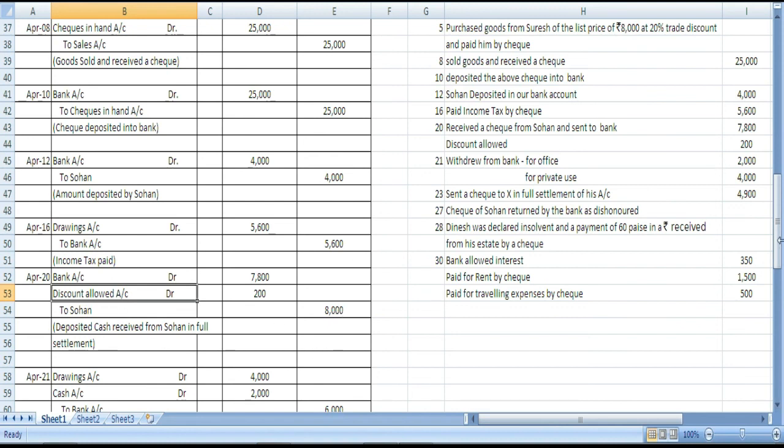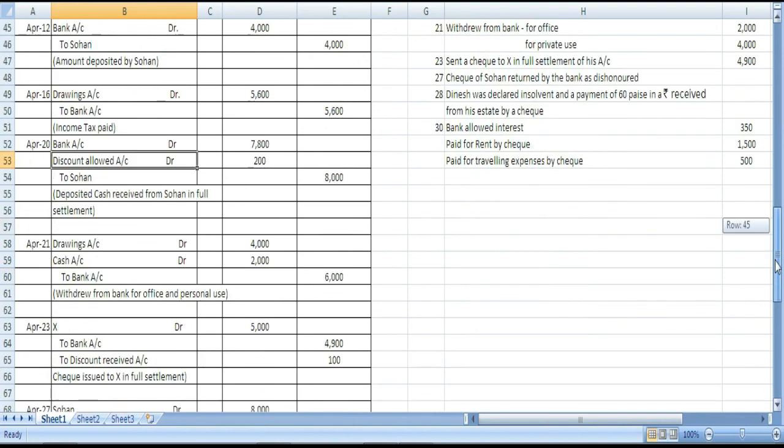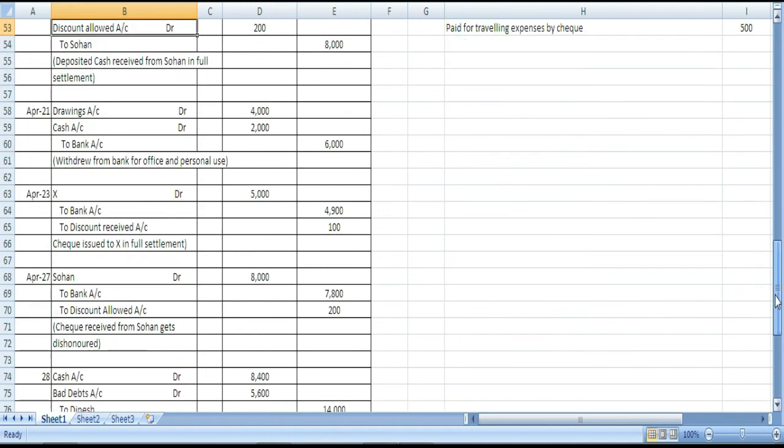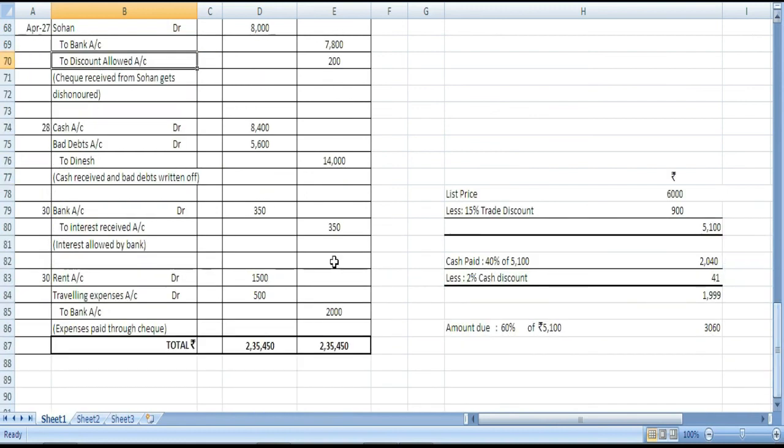Now, this particular check on April 20th is dishonored on the 27th. So, Sohan again receives back the check, and the discount that was allowed, 200, is cancelled, returned as to discount allowed, and the bank is giving back the check of 7,800. So, the discount allowed here is cancelled as to discount allowed, and then we totaled, on this side we got 2,35,450, on this side also we got 2,35,450.